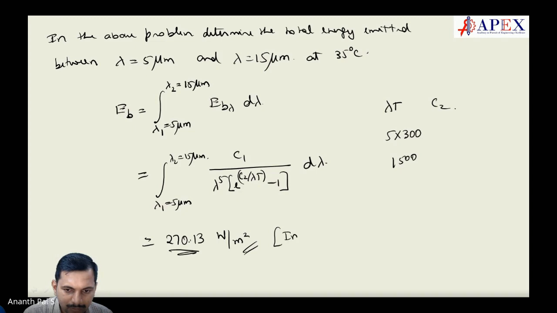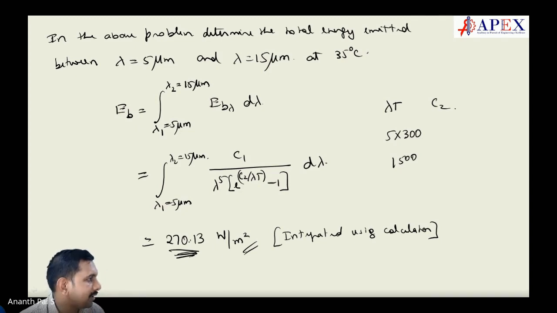Integrated using calculator, 289.9, same calculator, 289.9. It's similar values. When you integrate using calculator, you got this, is it not?